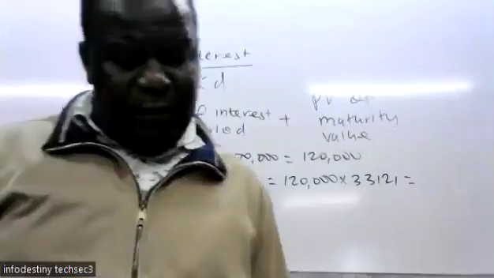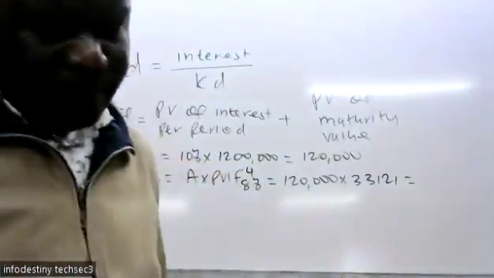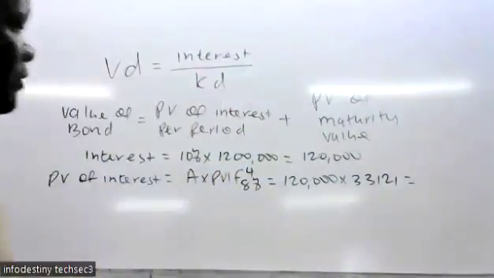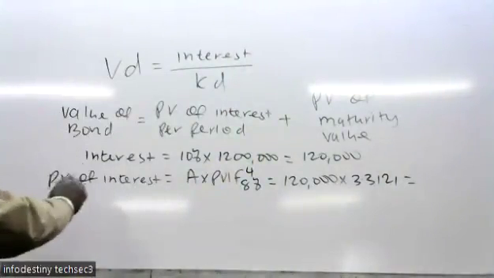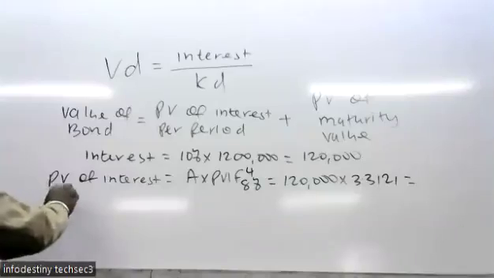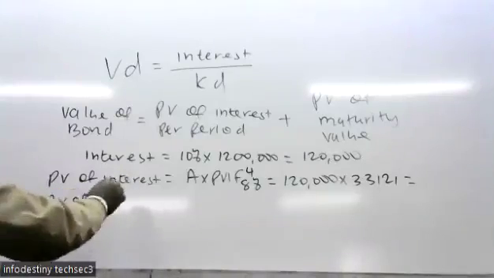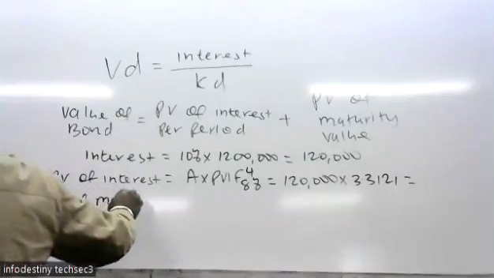I hope you can see that figure in the table online. Then we are supposed to add the present value of the maturity value.